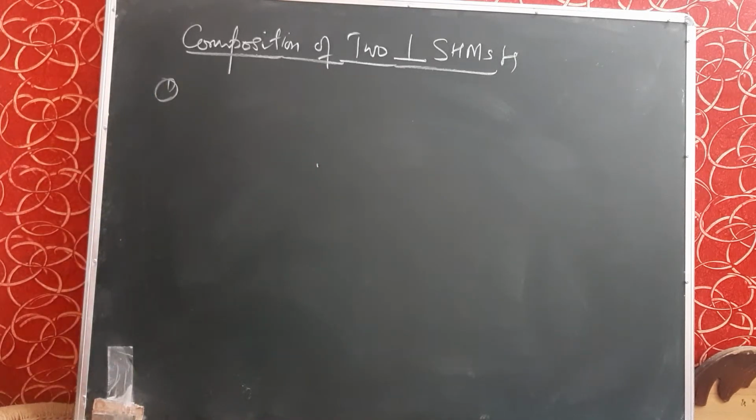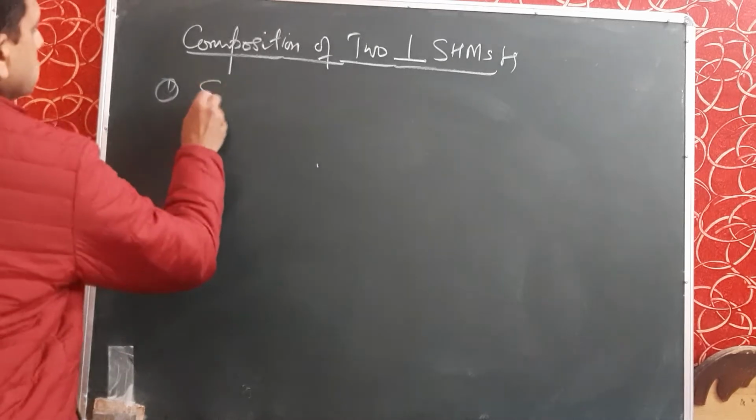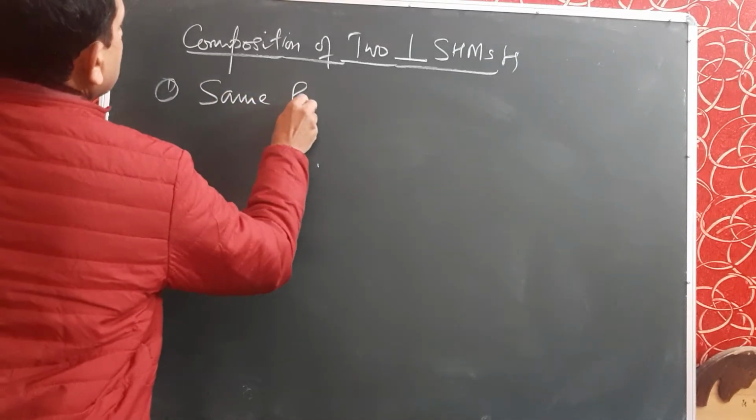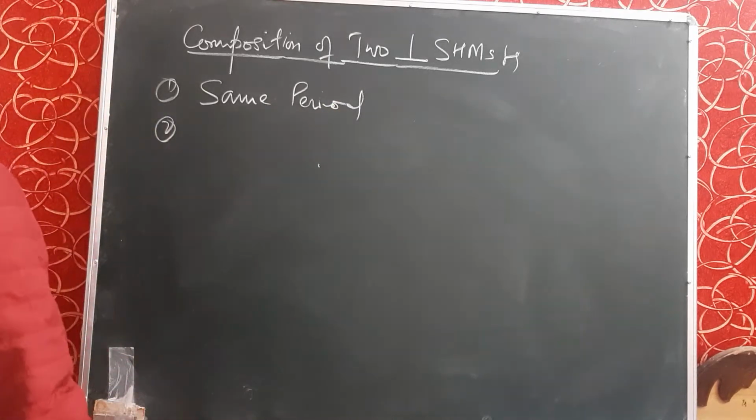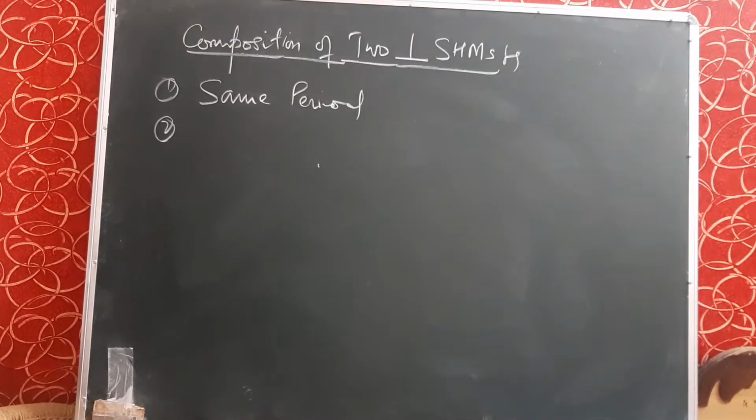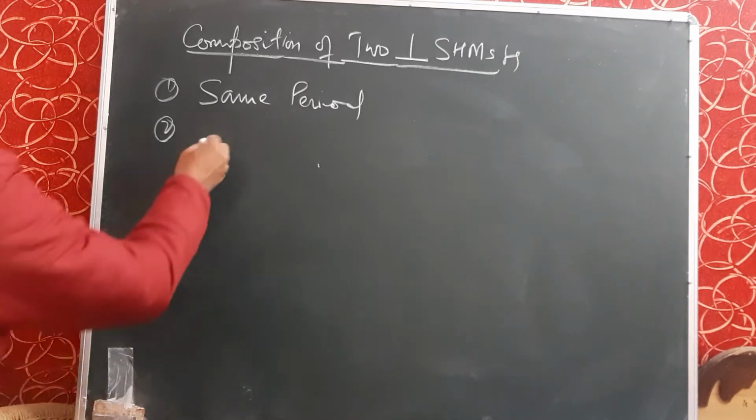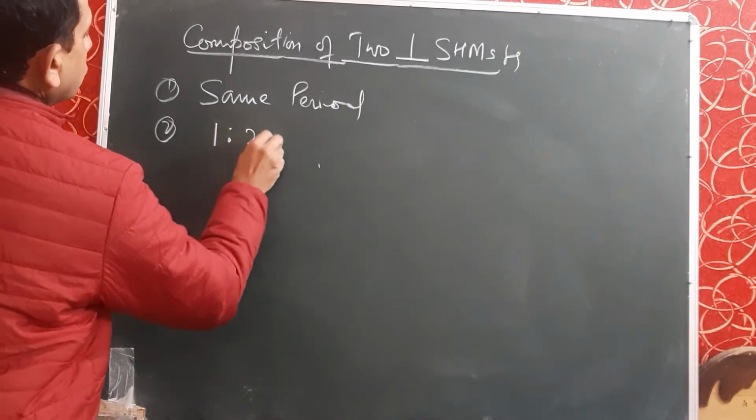So, we will study this composition in two parts. First part is composition of two perpendicular SHM of same time period. And secondly, we will find the composition of two SHMs with the time periods in the ratio of 1:2.